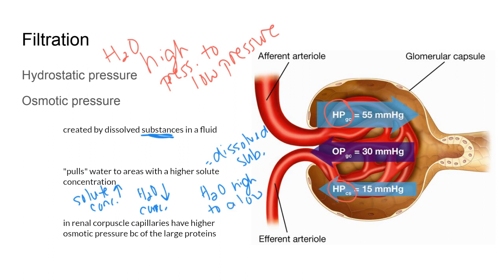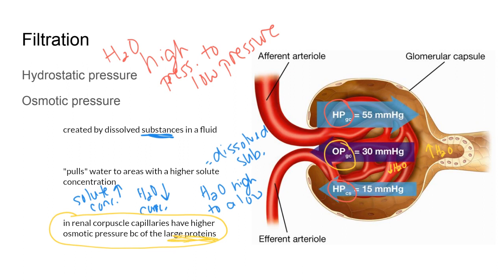If we look at this image over here, we have this osmotic pressure saying that it's going into the glomerular capillaries. What that means is that there is a higher water concentration out in the capsule and lower water inside the capillaries because of those big proteins that stay in the capillaries.